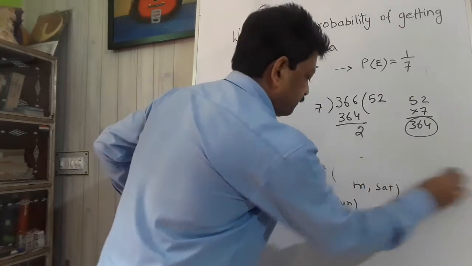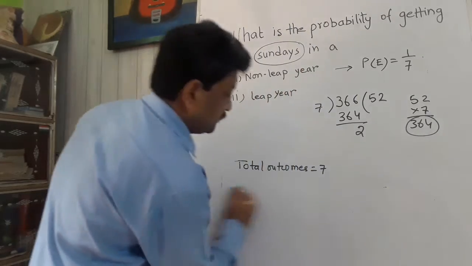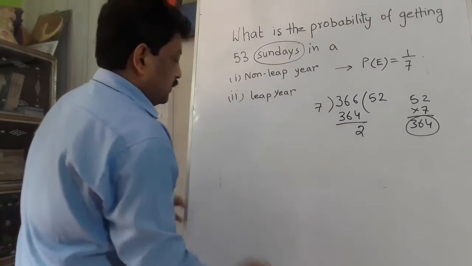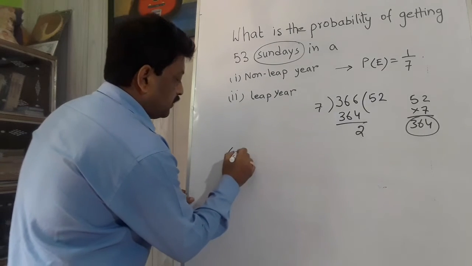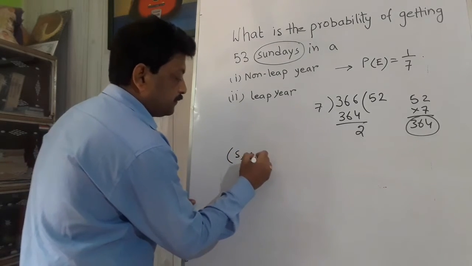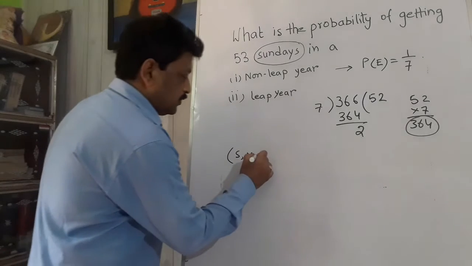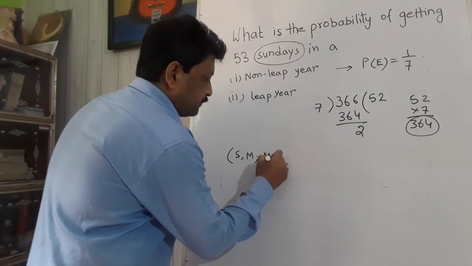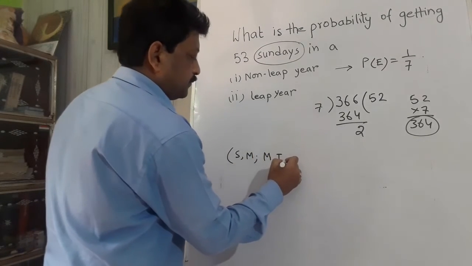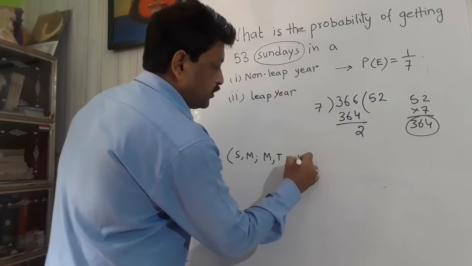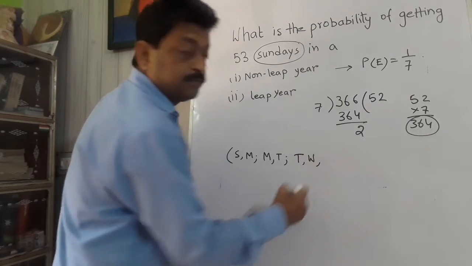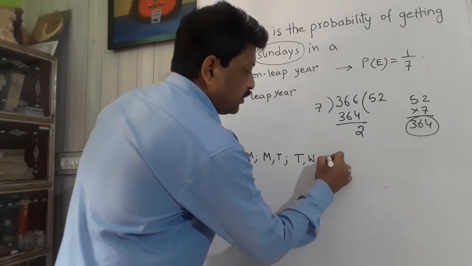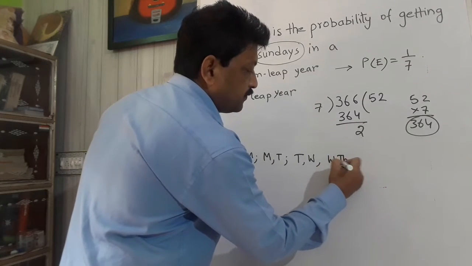Like, it can be Sunday, Monday. It can be Monday, Tuesday. It can be Tuesday, Wednesday. It can be Wednesday, Thursday.